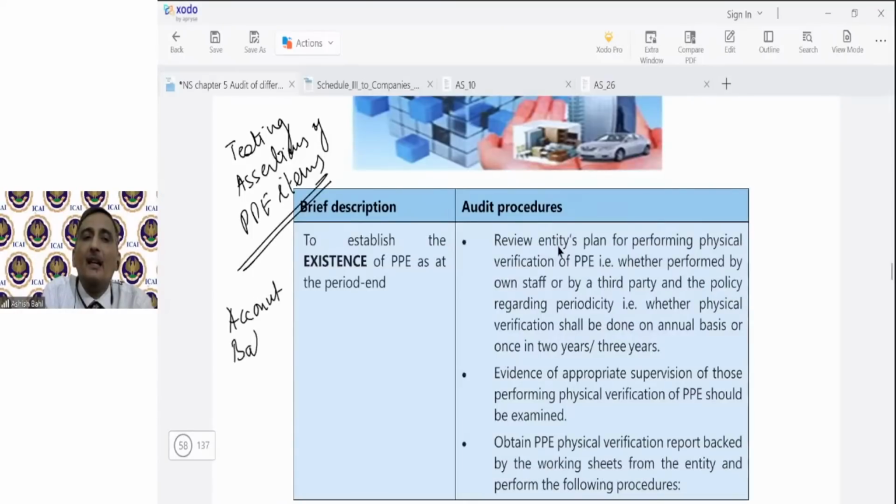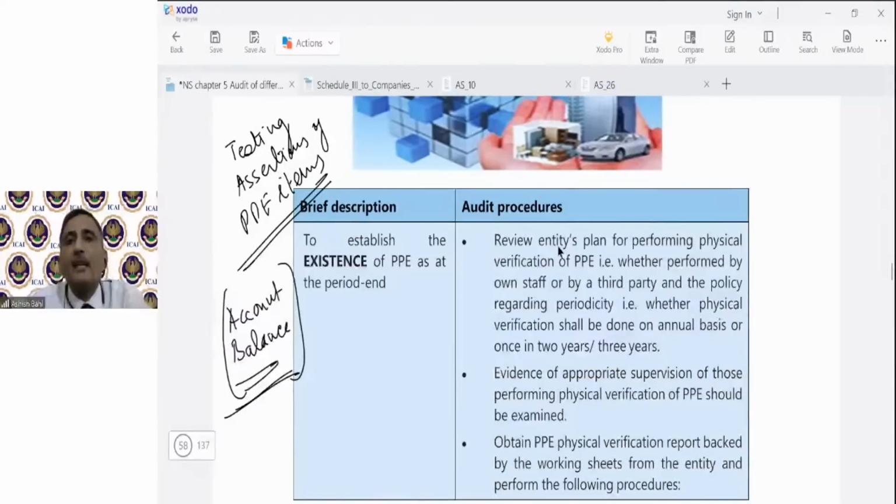It is appearing in the balance sheet of the company. It is not appearing in the statement of profit and loss. So it is an account balance, and all the assertions pertaining to account balances applied to PPE items.